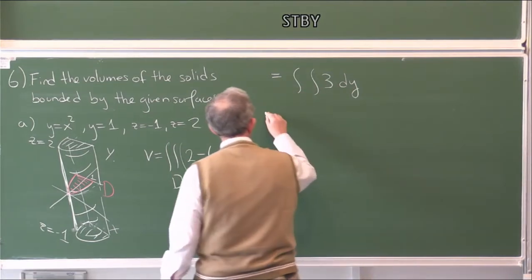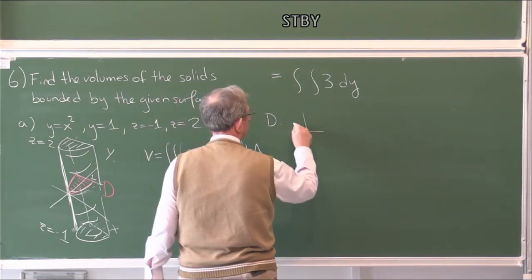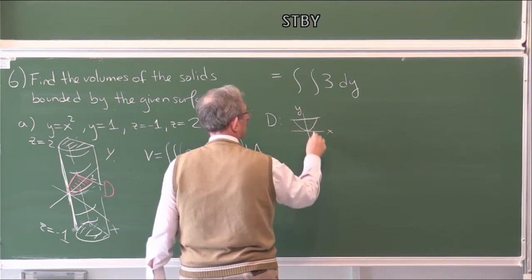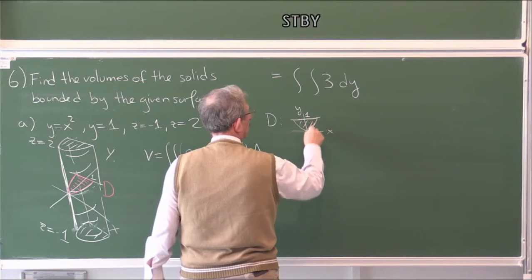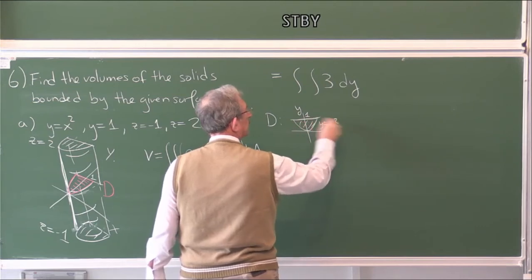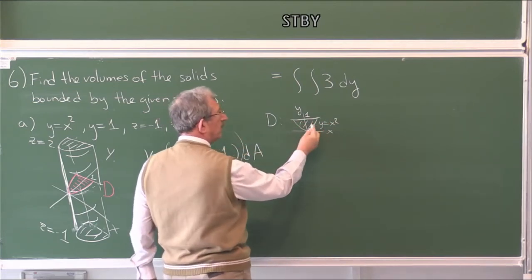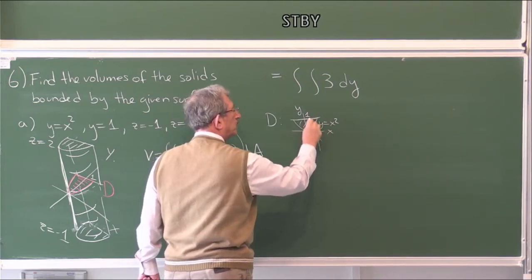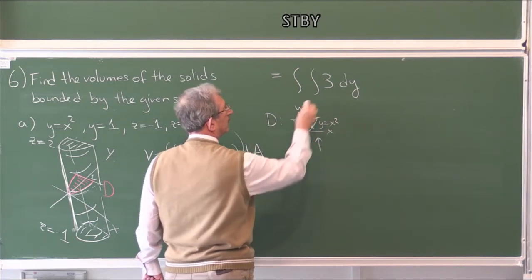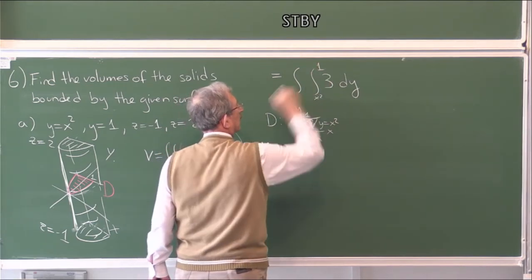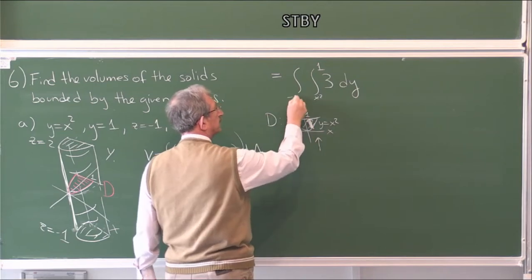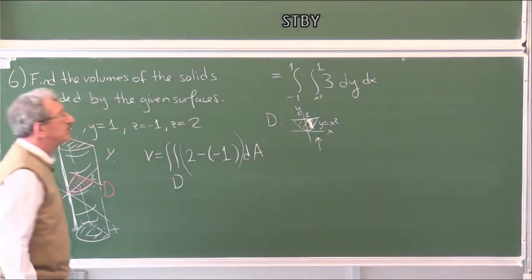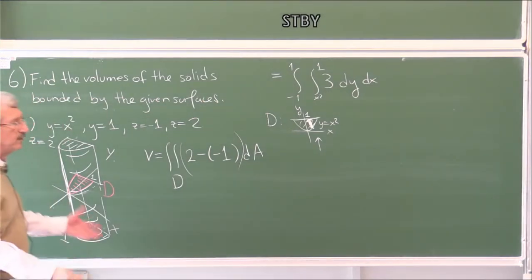When we look in the y direction, this is 1, and this is x squared. So y starts from x squared, goes up to 1. And in the meantime, x runs from minus 1 to 1. So this is the volume in question.